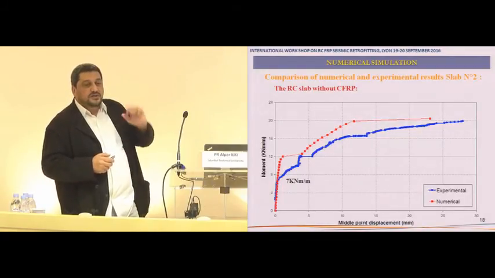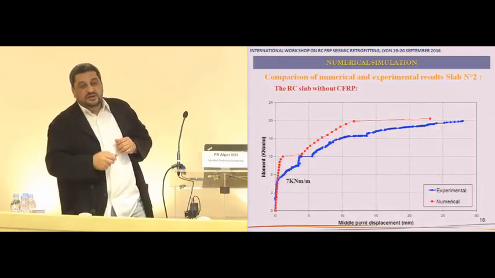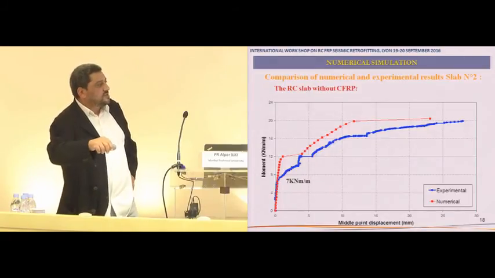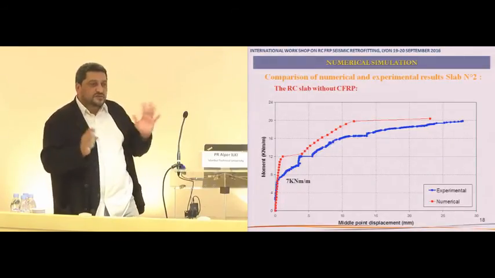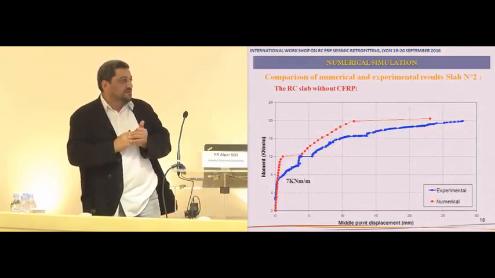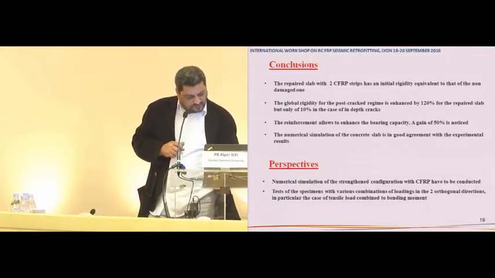The drop is soft in the simulation, and the drop for the experiment is hard after initiation of cracks. So there are some differences, but to estimate the bearing capacity, the numerical simulations give good results.